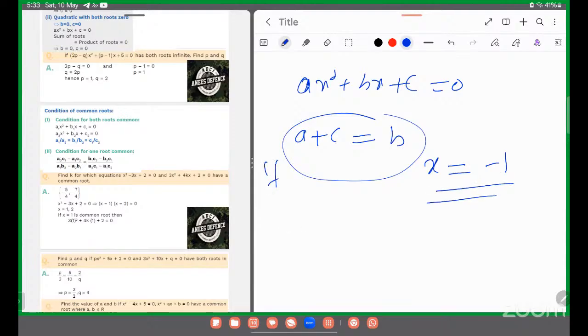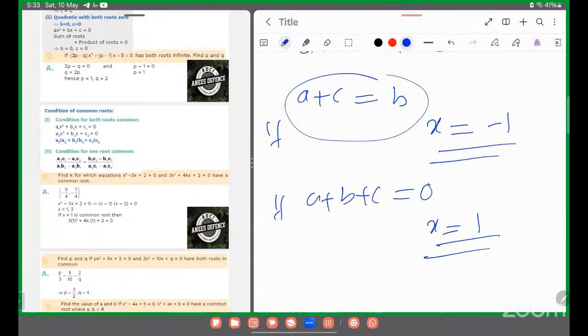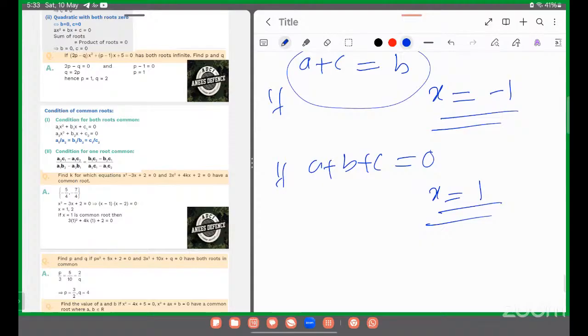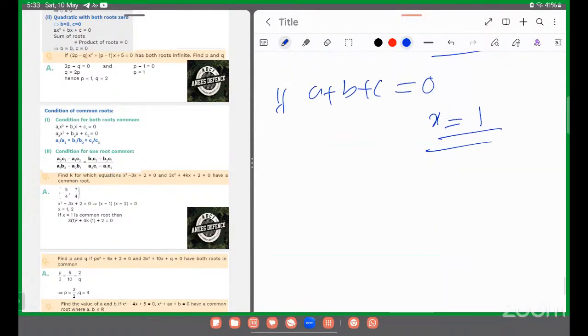If a plus b plus c equal to 0, then x equal to plus 1 will always be a root. Clear? So that is a general method for a quadratic equation. One of the roots we can identify easily.